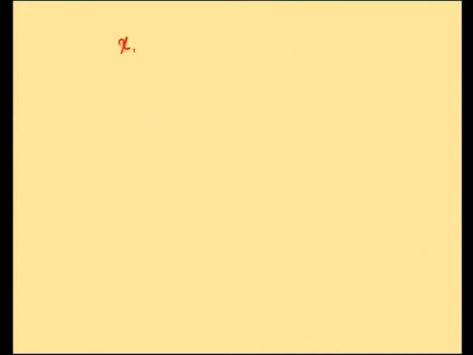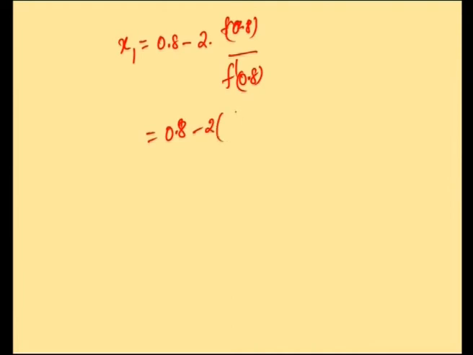By the first method, x1 is equal to 0.8 minus 2 into f of 0.8, which is 0.072, divided by f dash of 0.8, which is minus 0.68, and this value comes to 1.012.